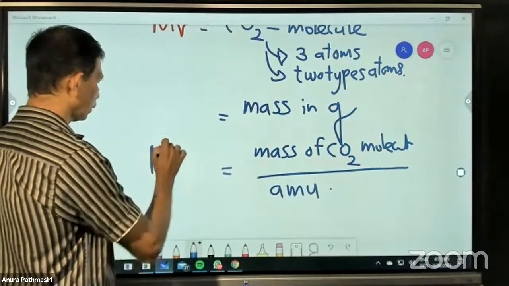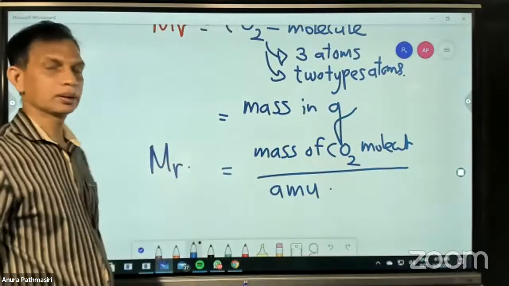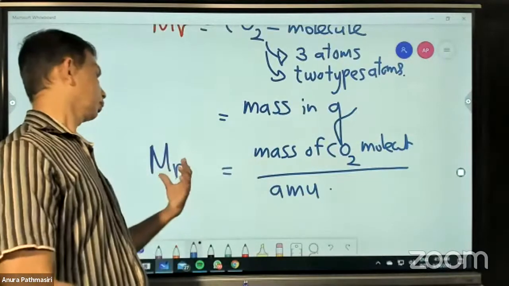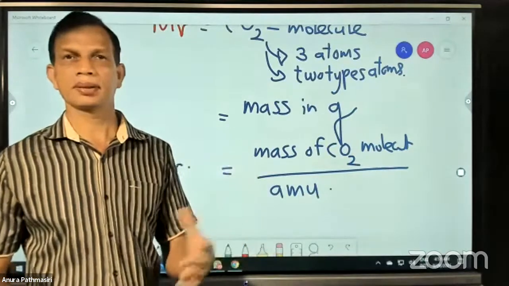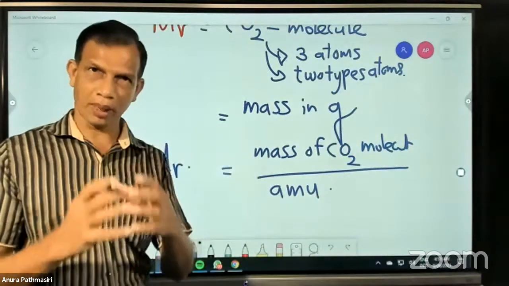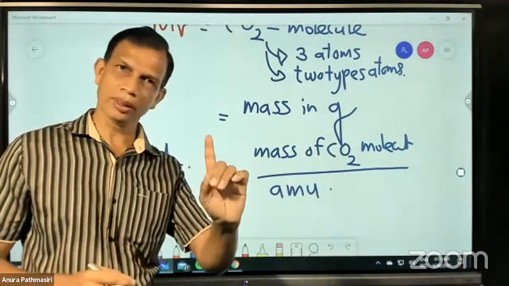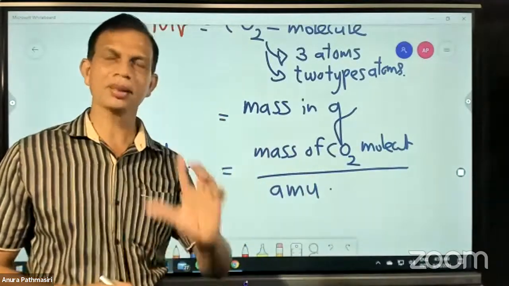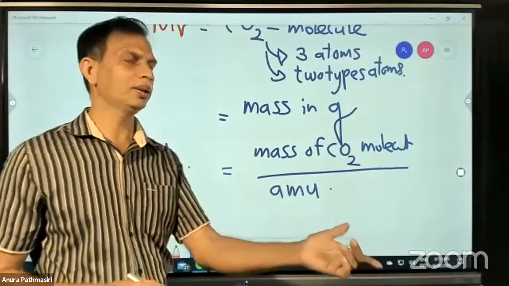Then you can have MR, that means relative molecular mass, the relative mass of one molecule of carbon dioxide.